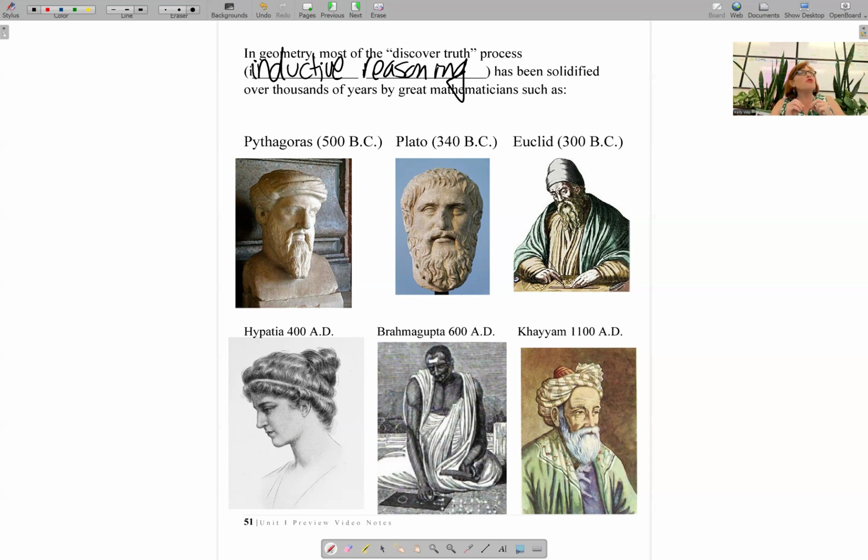So therefore, most of the truths that we are using in geometry have already been discovered. Therefore, most of the time we are using deductive reasoning.